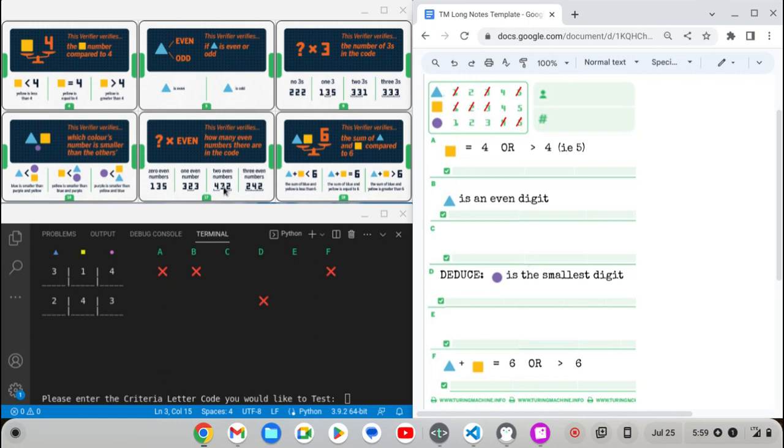We could still have, let's see, you have to have at least 1, right? Because triangle is even. So it's either 1 or 2, not all 3, and of course none is not true. So we're down to either 1 or 2, and I do have 2 in my proposal. If I were to test F and get the sum as 6, so somehow, again, either the 3 is there or it's not.